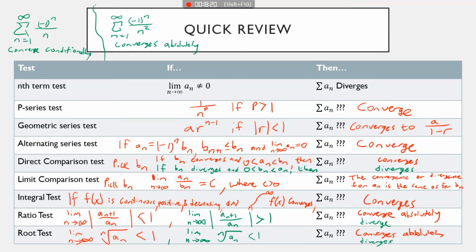So the function is -1 raised to the n power over n to the p power. If p is 1, the function converges conditionally. If p is 2, the function converges absolutely. Can you tell me why?